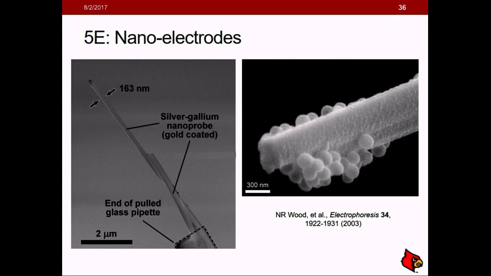Now, if you wanted to trap nanoparticles, recall that the dielectrophoretic force is proportional to the volume of the particle. So if you're trapping successfully maybe 1 micrometer particles, and you said, hey, I want to trap 100 nanometer particles, well, you have to increase your dielectrophoretic force for your system by 1,000 because of that.